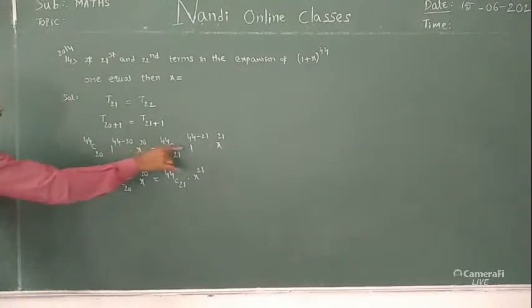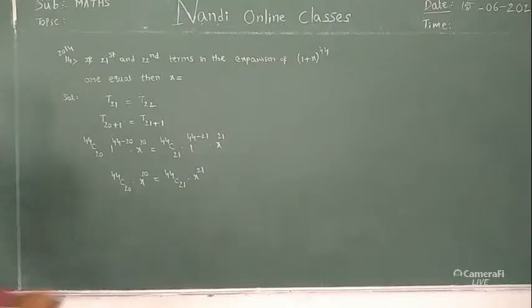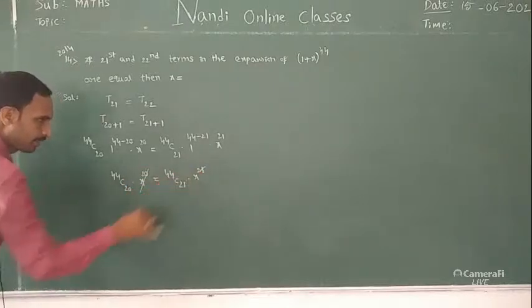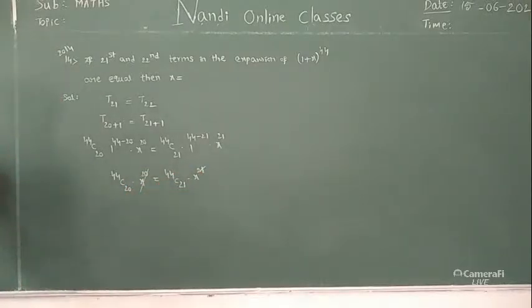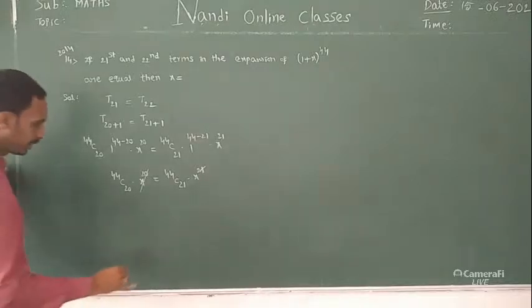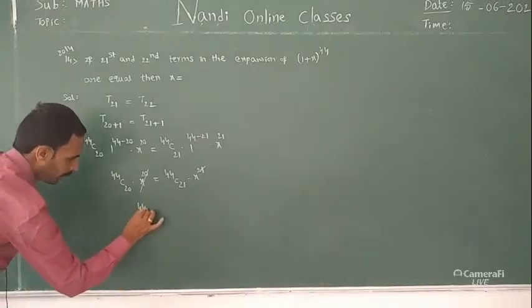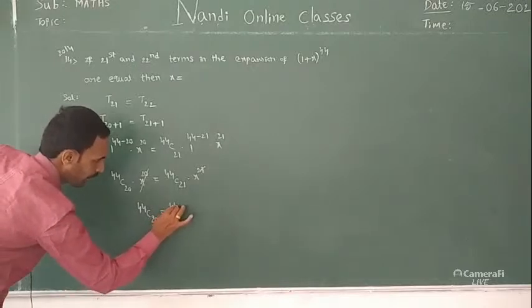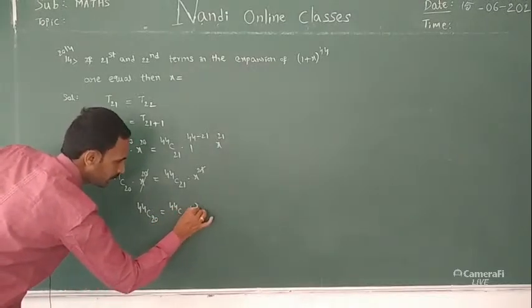1 power anything is 1. Here x power 20 cancels. You will get 44C20 is equal to 44C21 into x.